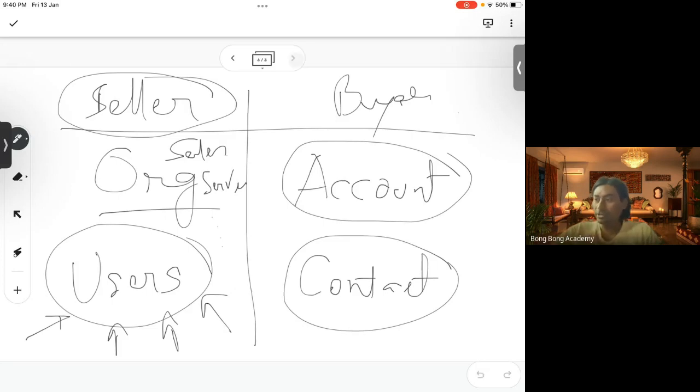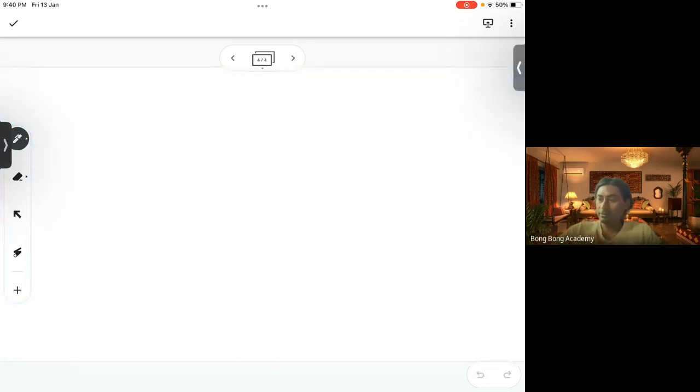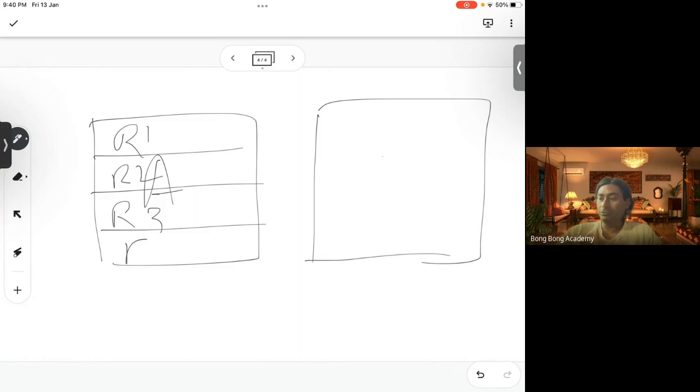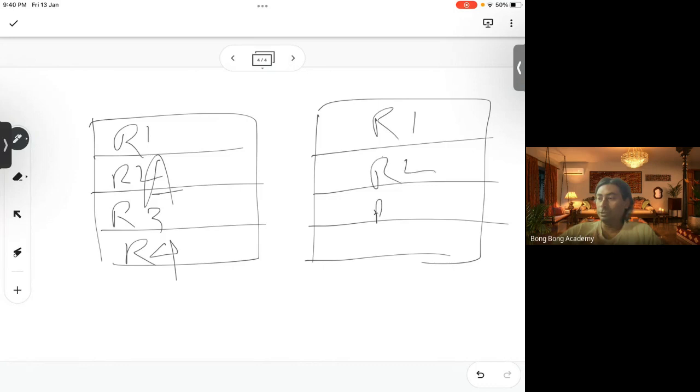Okay, let's visualize this. So this is table 1, this is table 2. If a table has multiple rows, it is row 1, row 2, row 3, row 4. And here we have similarly row 1, row 2, row 3, row 4.